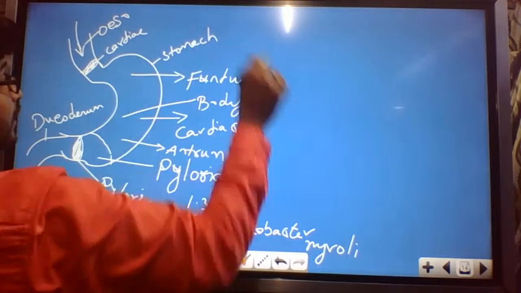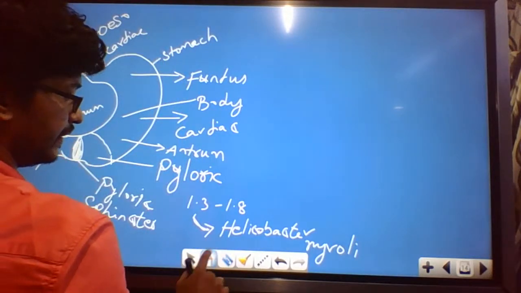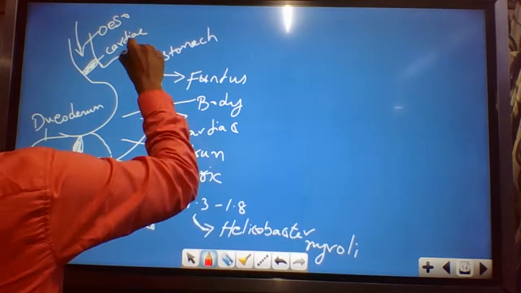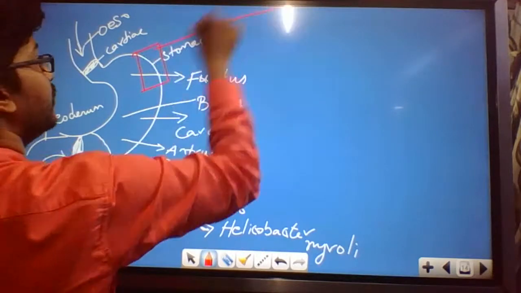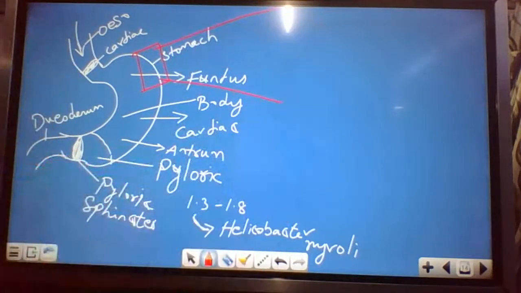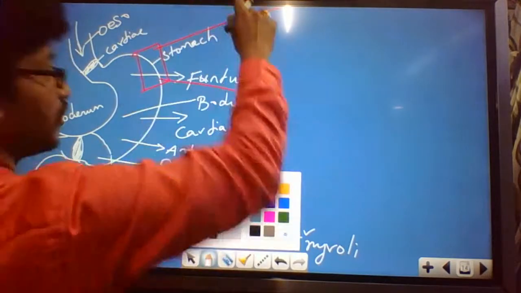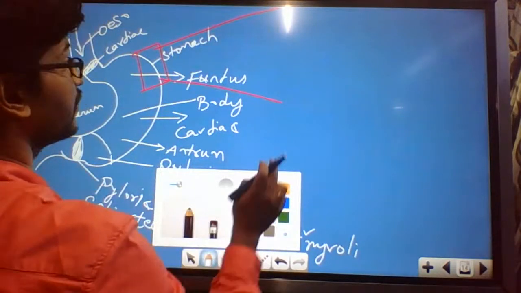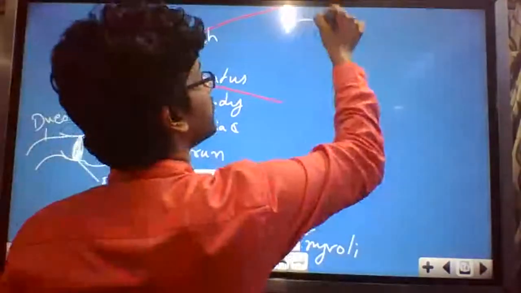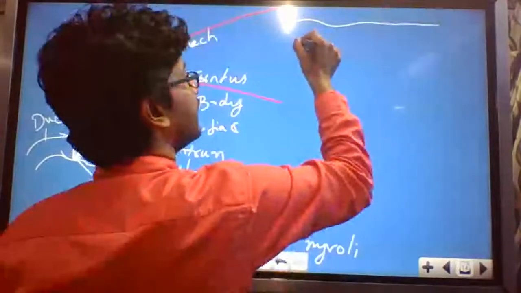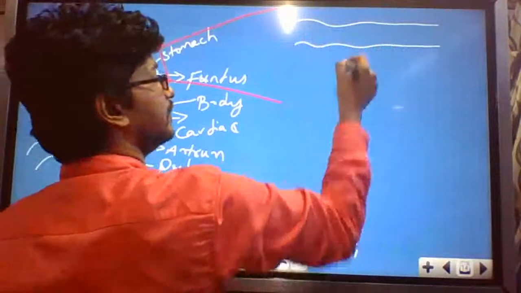Now, when you take a small cross section of the stomach and elaborate on it, you see how the section looks. You could see the outermost layer, then the middle layer, and then the mucosa.